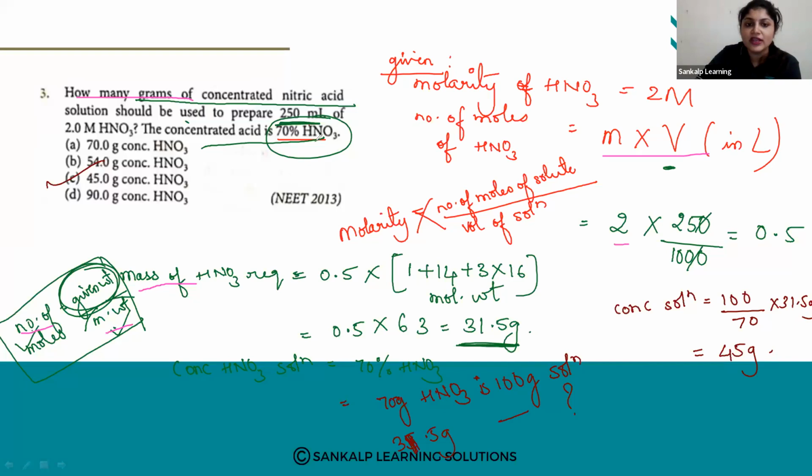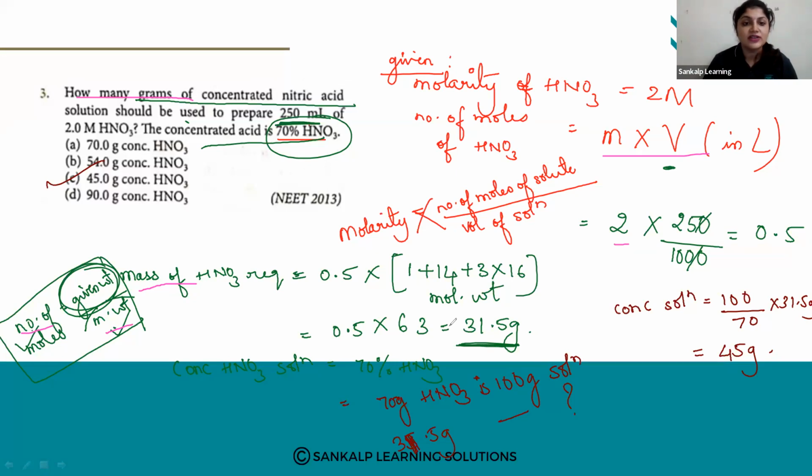Molecular weight of HNO3: hydrogen is 1, nitrogen is 14, and 3 oxygen atoms, each 16. The total comes to 63. So 0.5 into 63 comes to 31.5 grams. So 31.5 grams of HNO3 is required to prepare 2 molar HNO3 of 250 ml.